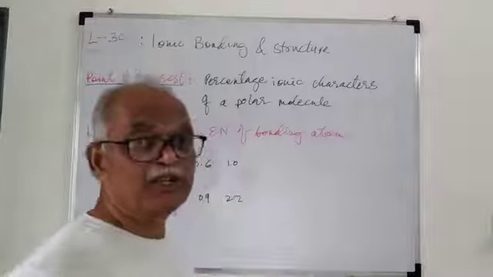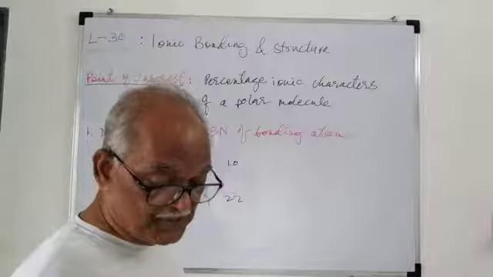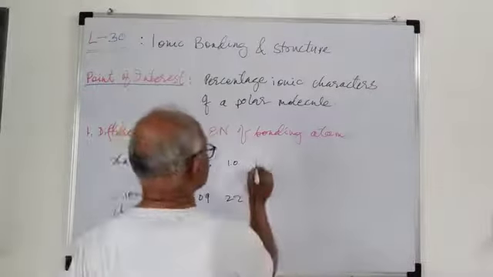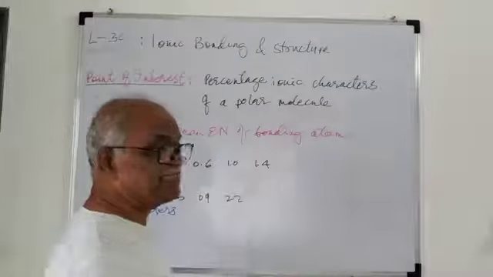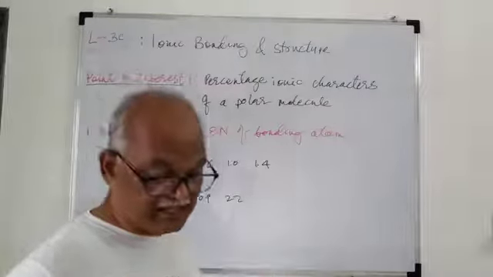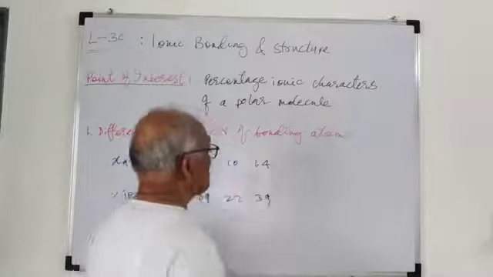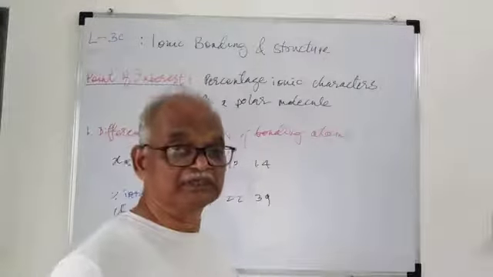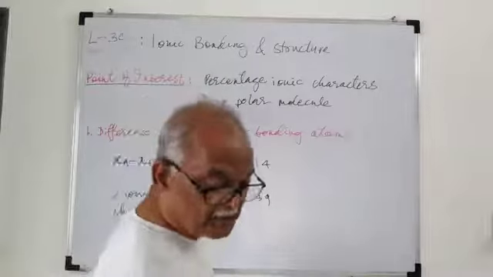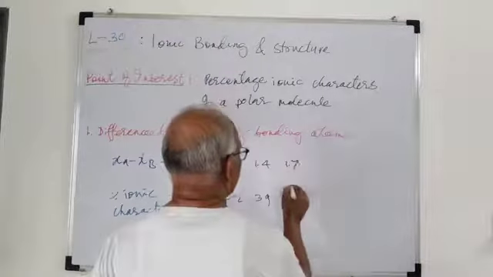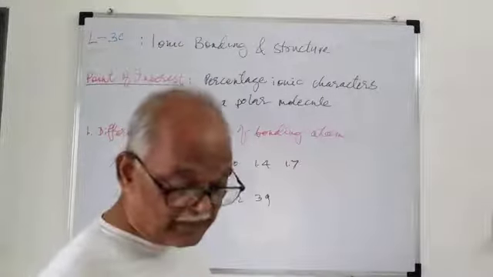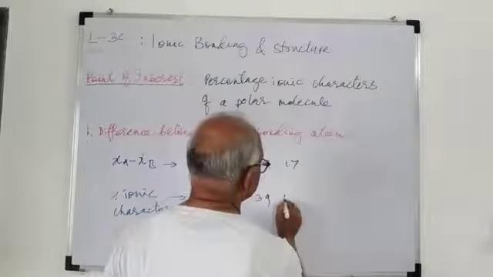Again, if Xa minus Xb increases to 1.4, the percentage ionic characters continuously increase, it becomes 39%. If the electronegativity difference goes to 1.7, it goes to 51.